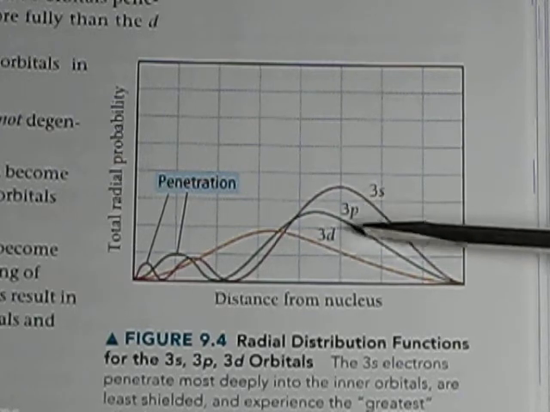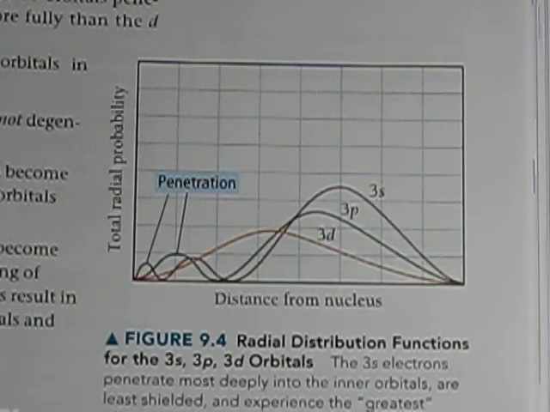Therefore, the 3p and 3d electrons are not as attracted to the nucleus because of the shielding by the 3s electrons. Therefore, they are higher energy orbitals. So that's the reason why all the n equals 3 orbitals, n equals 4 orbitals, 3s, 3p, 3d, are not degenerate, why they have different energies.